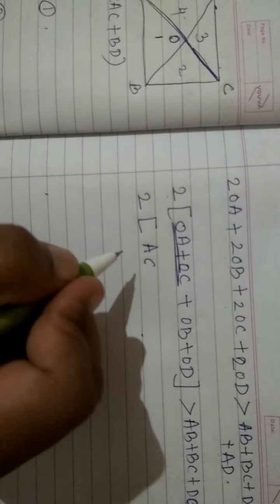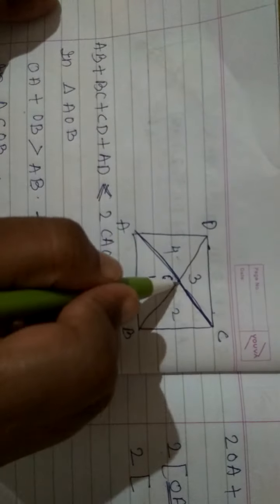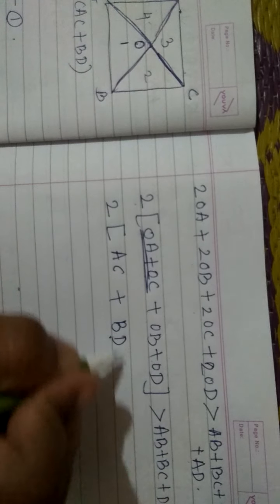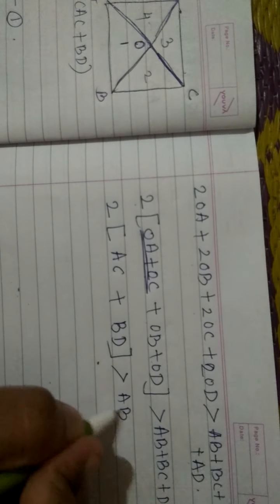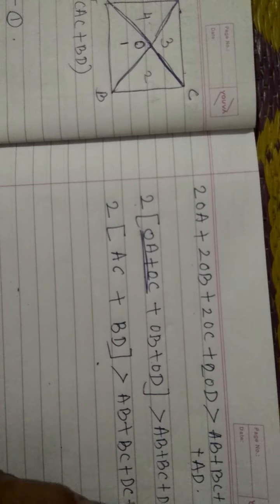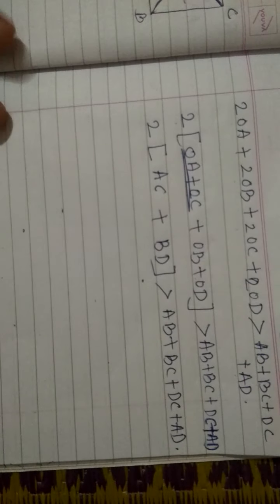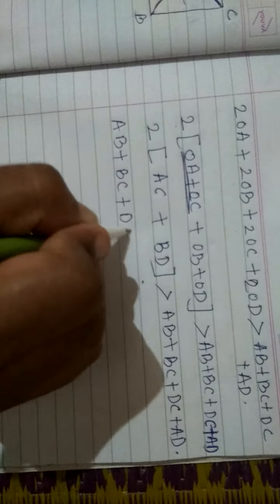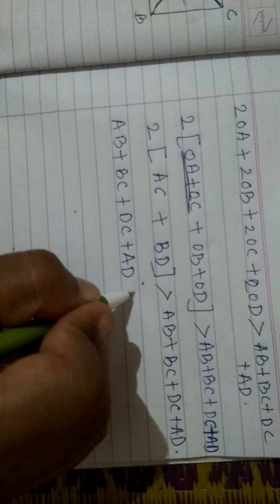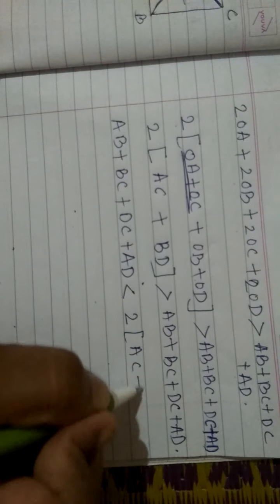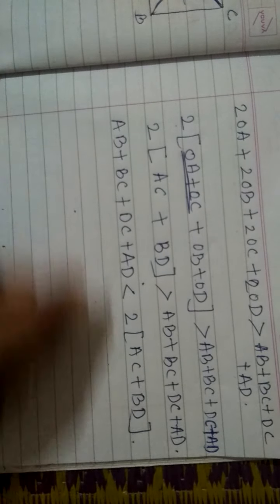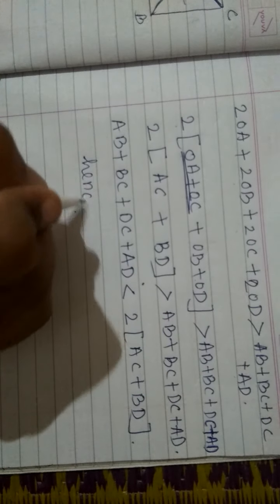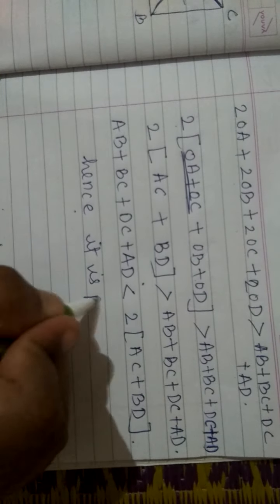So we will write here AC plus OB plus OD, which is giving BD. So we will write 2 times AC plus BD is greater than AB plus BC plus DC plus AD. Or we will write AB plus BC plus DC plus AD is smaller than 2 times AC plus BD. This is the required statement that we were supposed to prove, children. Hence, it is proved.